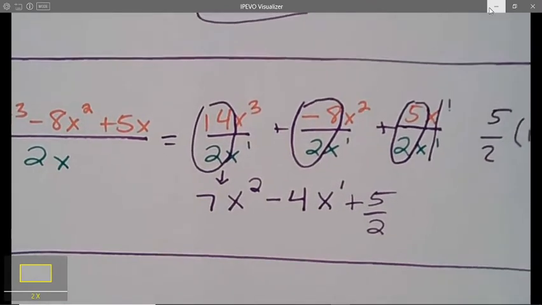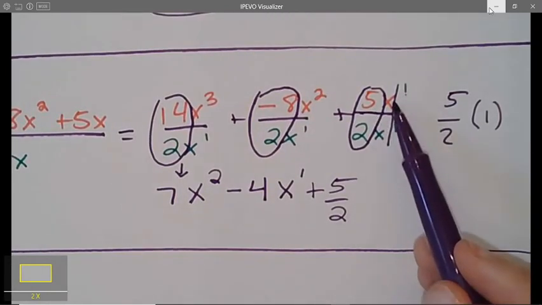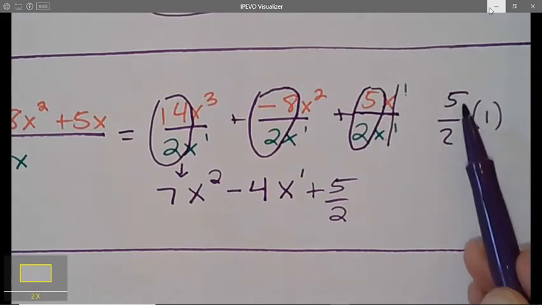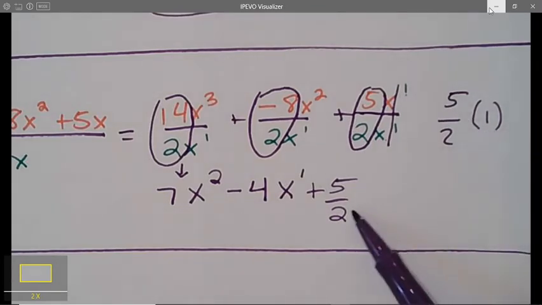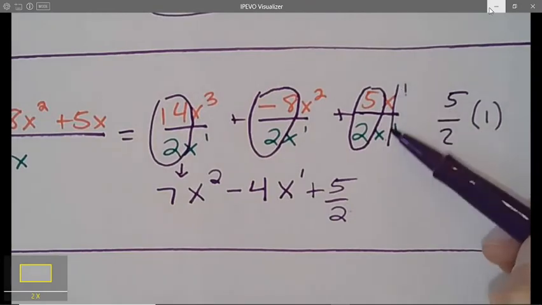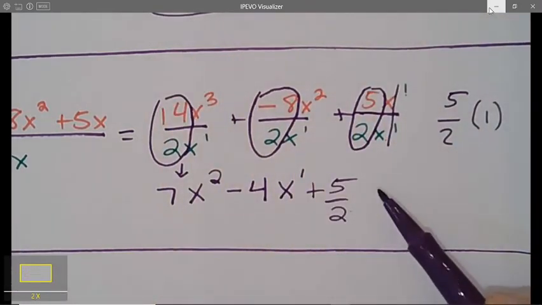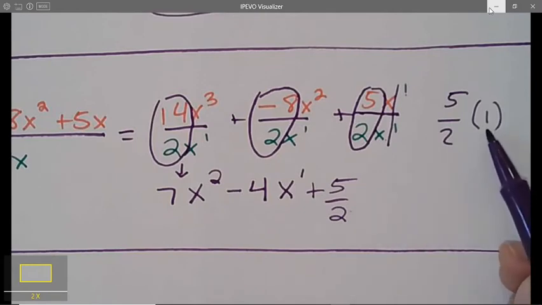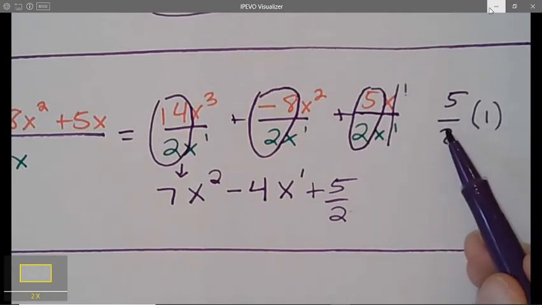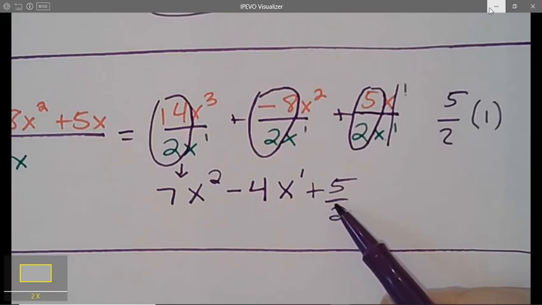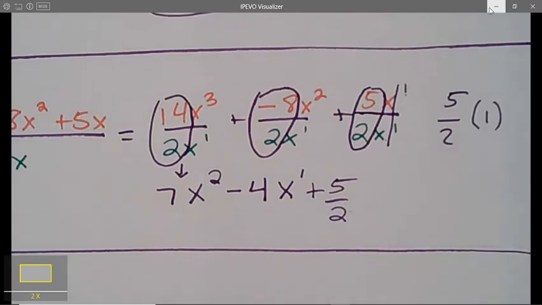Because x divided by x is 1, and 5 halves times 1 is 5 halves. So just remember, you guys, when you are canceling things out, it kind of looks like it goes away, but it doesn't. Secretly, it turns to 1, but when you multiply things by 1, you get the same thing. So this term is just going to be 5 halves.